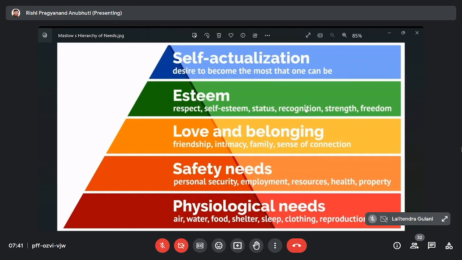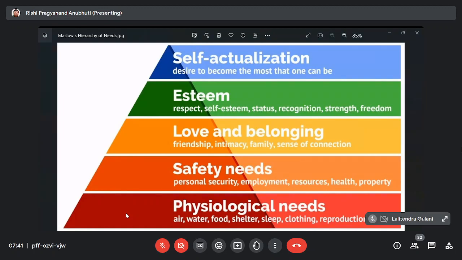So the first need is the physiological needs, or more the physical level. Everybody needs food to survive and air to breathe and all these things. This red block is for that. Whatever is needed for our normal living and survival, those are the first needs to be met.